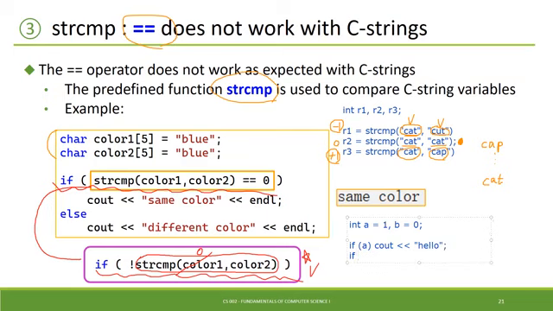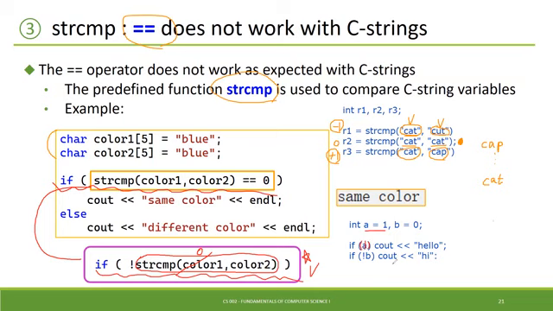If not B, cout hi. Okay, guys, look at this. In the condition, the condition is this one, right? This is the if condition.